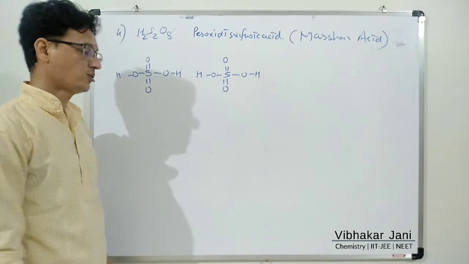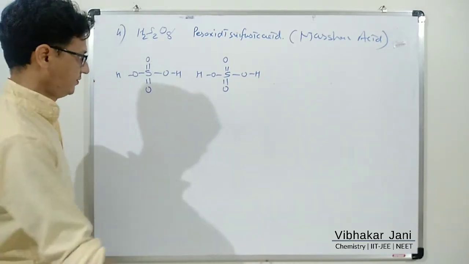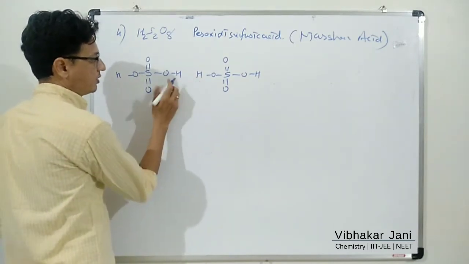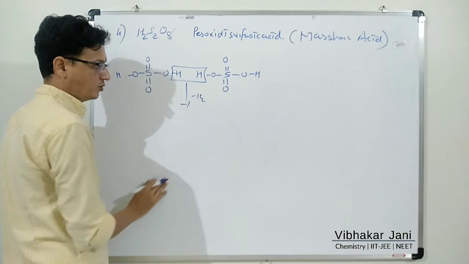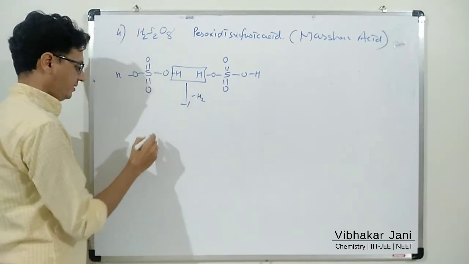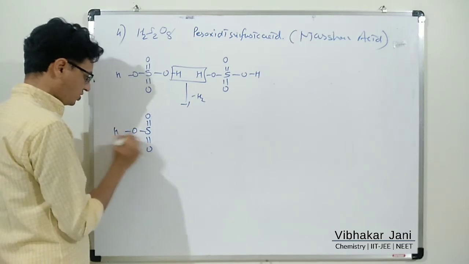Now, as it is peroxy, there will be an O single bond O. So, if we want to make it, then we have to remove these two hydrogens. If H2 is removed from these molecules, then we will have S double bond O, OH.